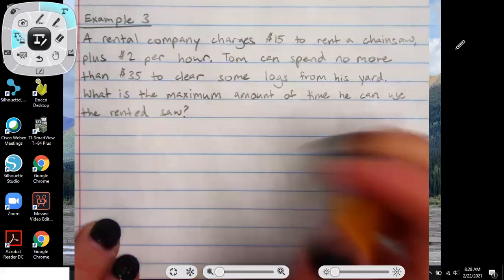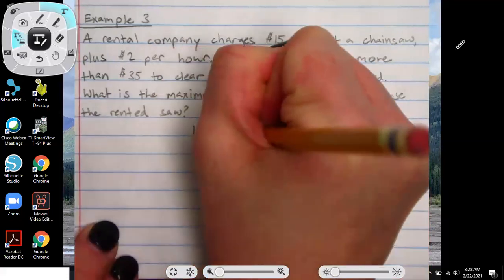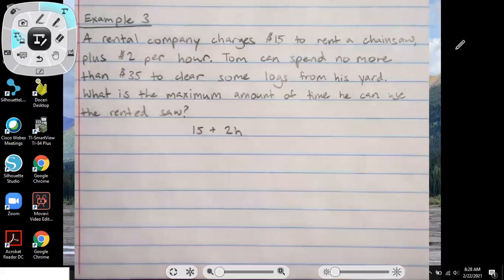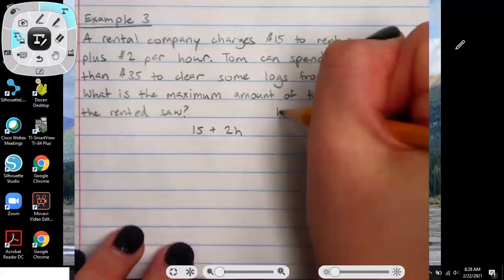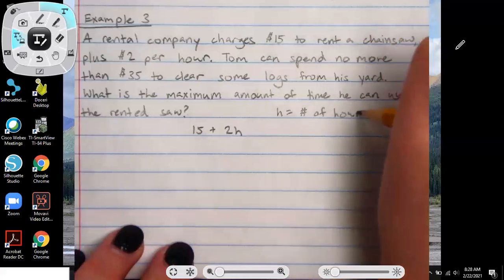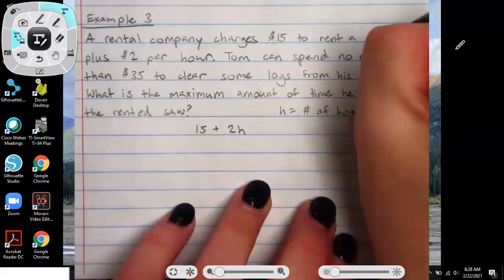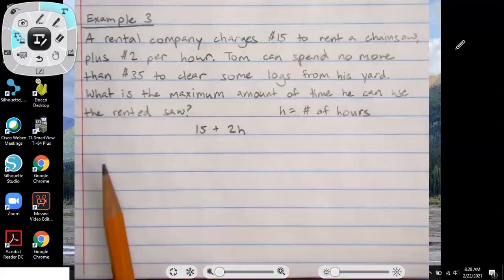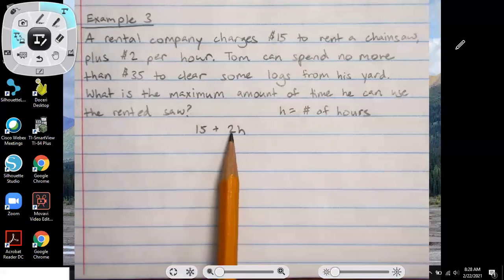So we could write that as 15 plus 2h, if h stands for the number of hours. So h is representing the number of hours that he uses the chainsaw. So it's going to cost him the $15 plus 2 times the number of hours that he uses the chainsaw.